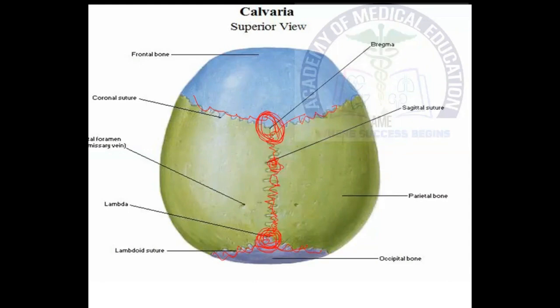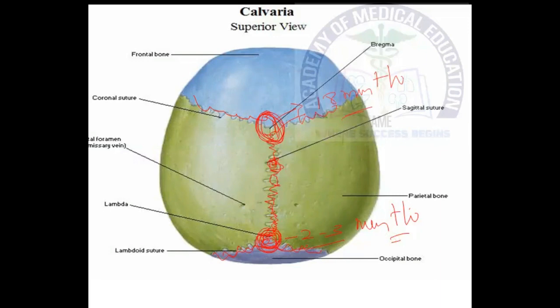It is going to be closed 2 to 3 months after birth, whereas the anterior fontanel closes after 18 months.